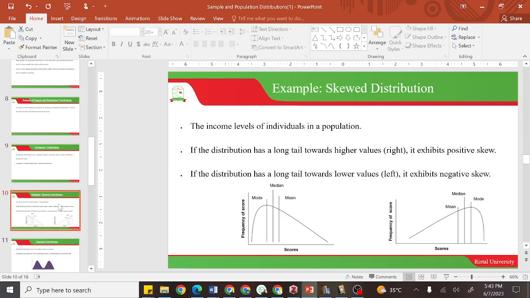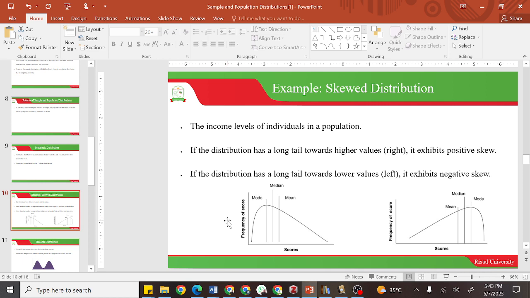But sometimes you can get curves that are not really symmetrical. Okay, so we call them being skewed. So we call that skewed distribution. Okay, so skewed distribution can happen. So we can have positively skewed and then also negative skewed.